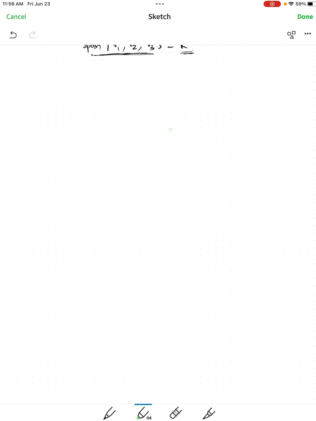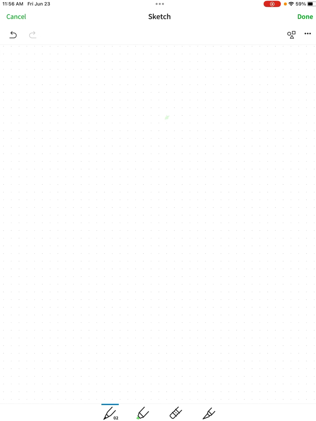So let's just write that down. Notice that if you have K vectors in Rn, then you can make these the columns of this matrix.